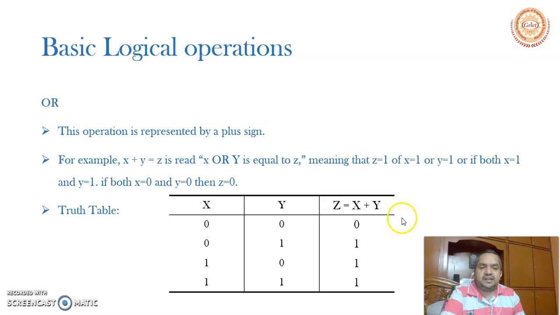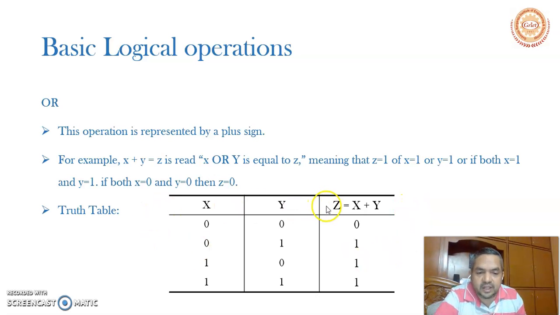We cannot say straight away that this is an addition operation, because in addition the logic is a little different when both x is equal to 1 and y is equal to 1. This is a logic operation, and you have to note that all these are logical operations.